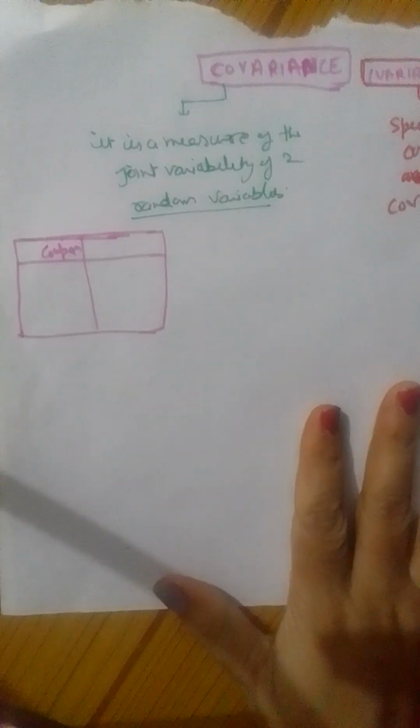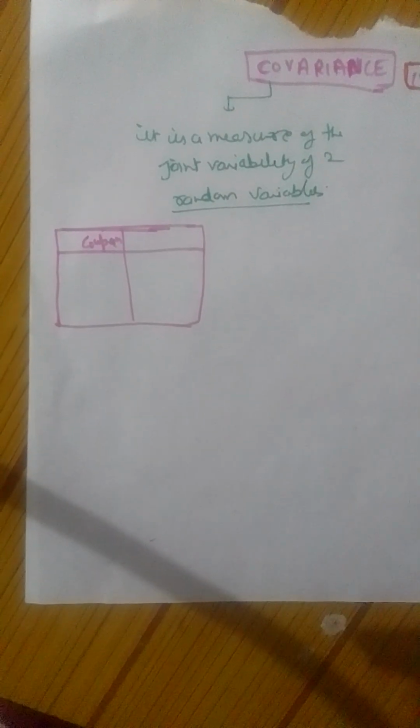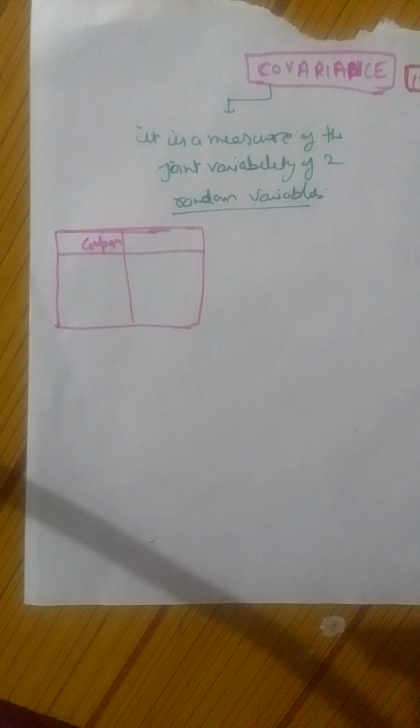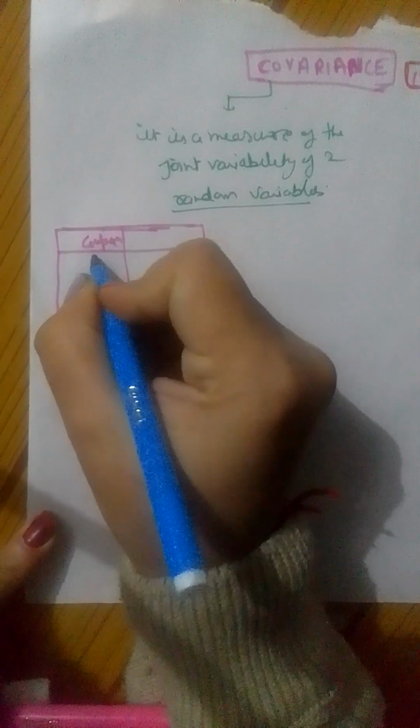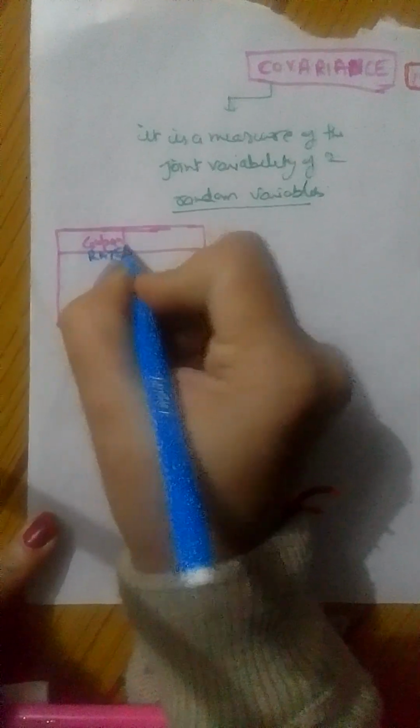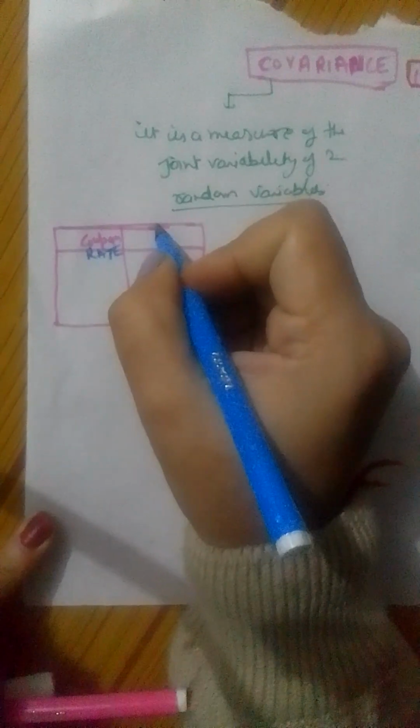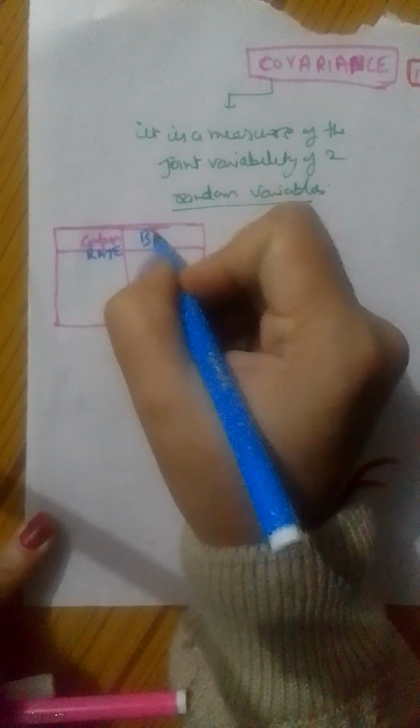Yes, it is visible now. Coupon rate. I'll change the color here. Coupon rate. And this is bid price. Okay, bid price.